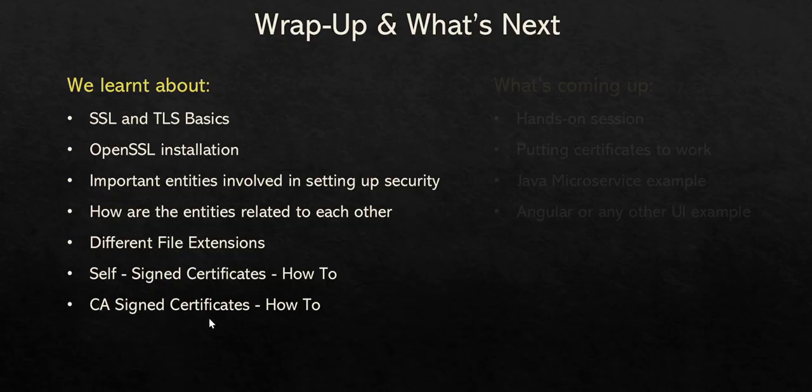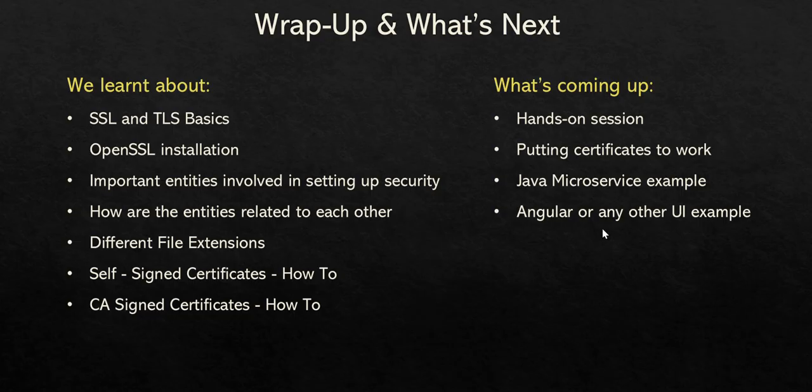In the next session, I will be actually utilizing these certificates. I'll be putting the certificates to work, where I'll try to get a Java microservice and, if possible, also an Angular or some kind of UI where we will be able to see with certificate and without certificate what is the difference.